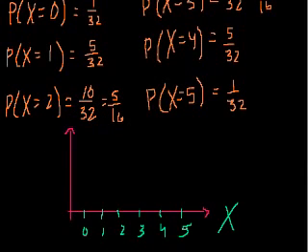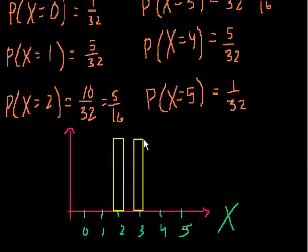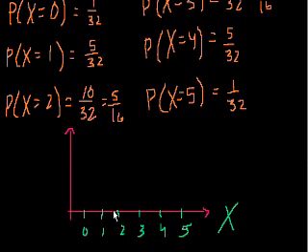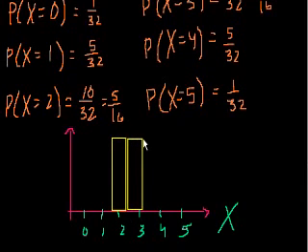Let me draw a little bar graph. I'll draw them the highest because those are the highest values. 2 and 3 both hit 10 over 32. Actually, let me draw it a little differently. Let me make it so they touch each other. So 2 is there, and then 3 is also there.